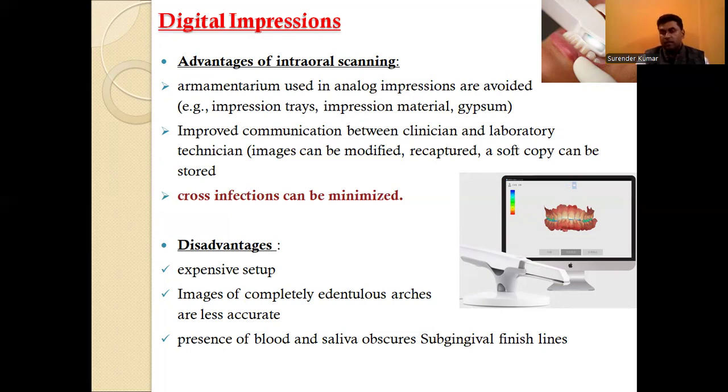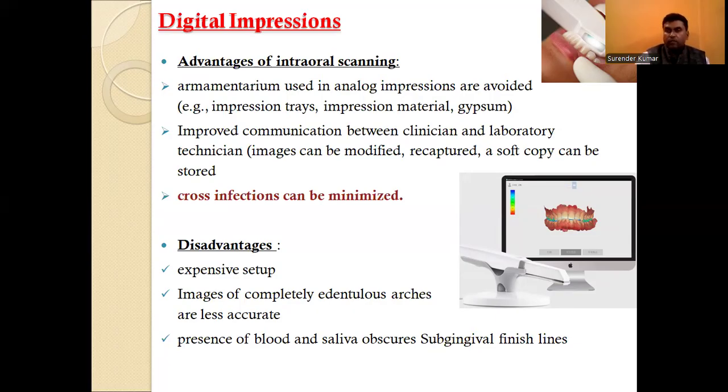This is a very good thing. But there are again disadvantages, because it requires an expensive setup. The images of completely edentulous arches are less accurate. The presence of any blood and saliva obscures the subgingival finish.